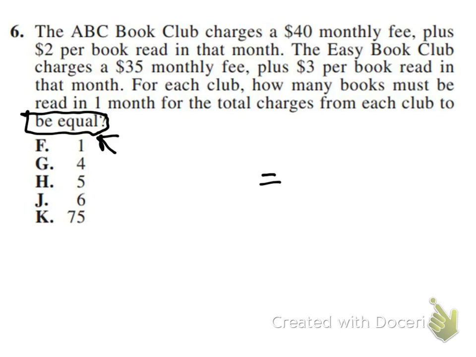ABC Book Club is $40 plus how much? $2 for each book. And the Easy Book Club is $35 plus $3 for each book. And I'm going to solve this equation. Subtract 2b from both sides, right?